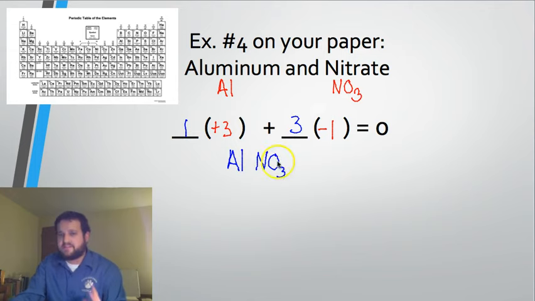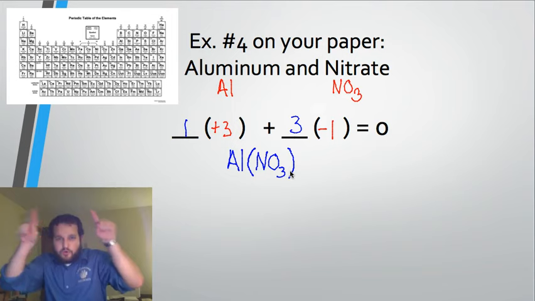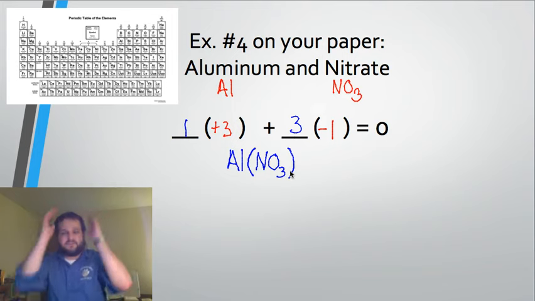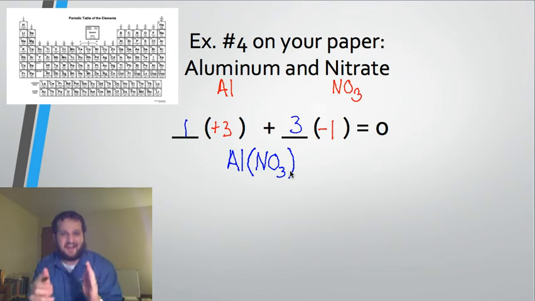But in order to tell the reader that I need 3 of those groups, I need to package this up really nice and neatly. I need to tie string around that grouping of atoms. I need to put it in parentheses to say everything inside of here is 1 polyatomic ion.